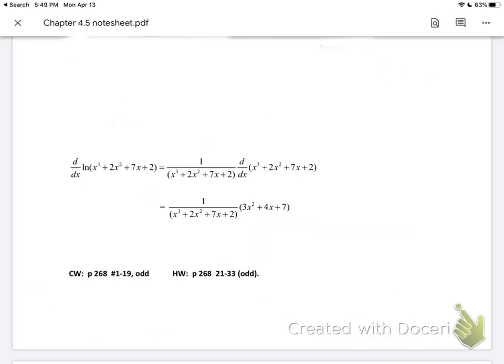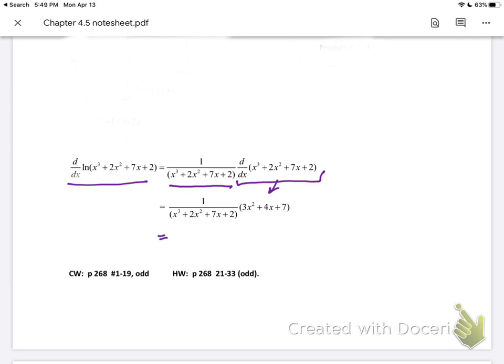Okay, and this is the last piece of the notes. If you want to take the derivative of the natural log of all of this, you're going to say 1 over whatever was behind the natural log term times that derivative. That derivative is just 3x squared plus 4x plus 7.